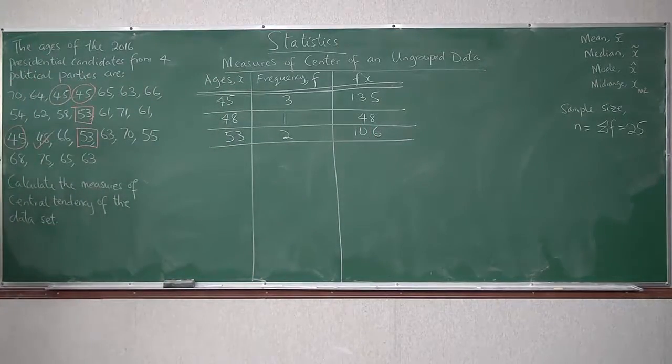Then 54. Let me use a triangle. 54 is just one person.